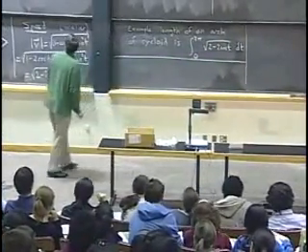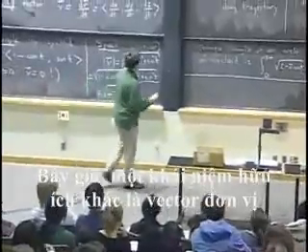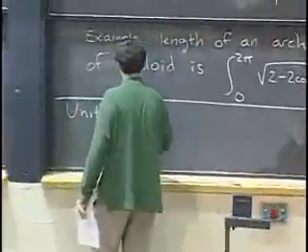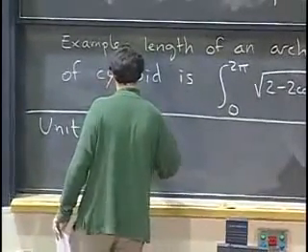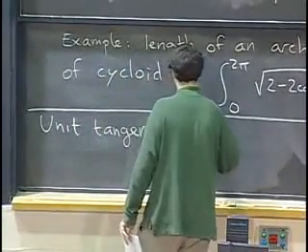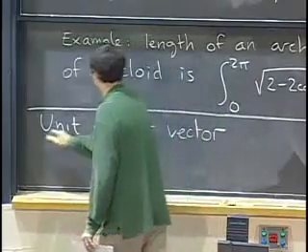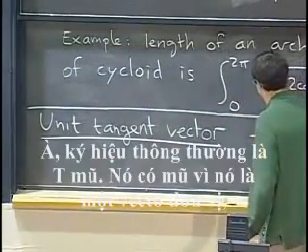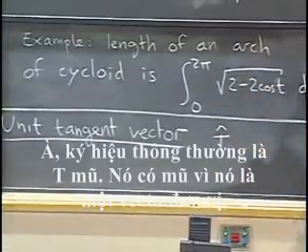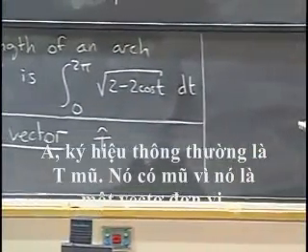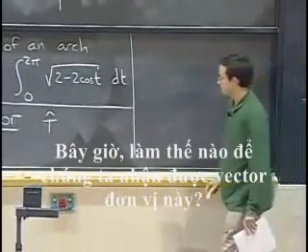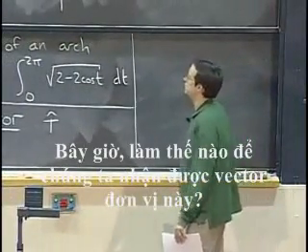Now, another useful notion is the unit tangent vector to the trajectory. The usual notation is t hat. It has a hat because it's a unit vector, and t because it's tangent. Now, how do we get this unit tangent vector?